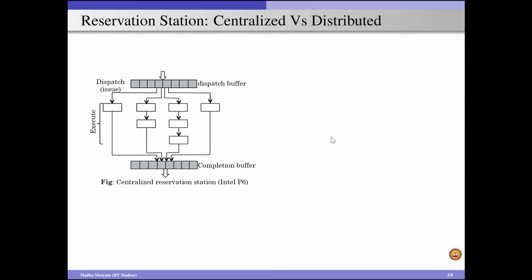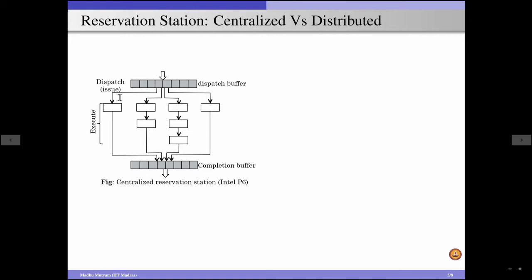But the main disadvantage of the centralized reservation station is that whenever we want to select a ready instruction from this entire list of instructions stored in the reservation station, we have to scan through all the entries, and that is going to consume a significant amount of time as well as power, because in this particular design we have 4 functional units, and each of these functional units may require one instruction in a cycle.